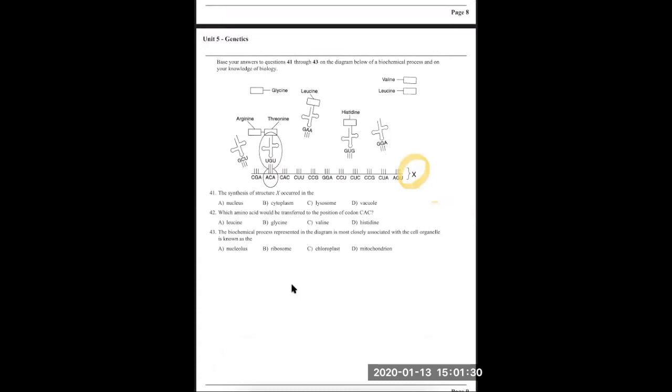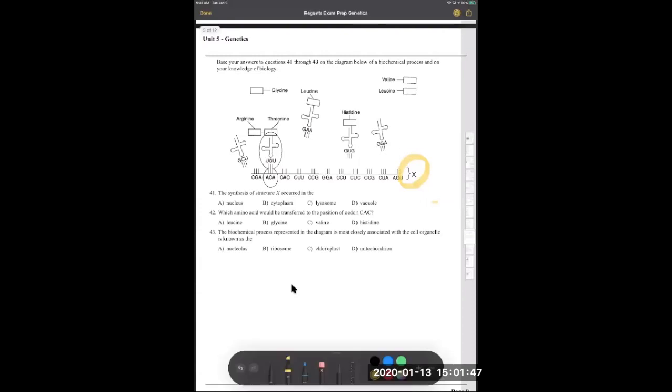Threonine and arginine. Okay, let's think. UGUACA. All right, A attracted U, we know that. C attracted G, we know that too. And I am talking about right here, this relationship. A attracted U. Now, the U part is the RNA.